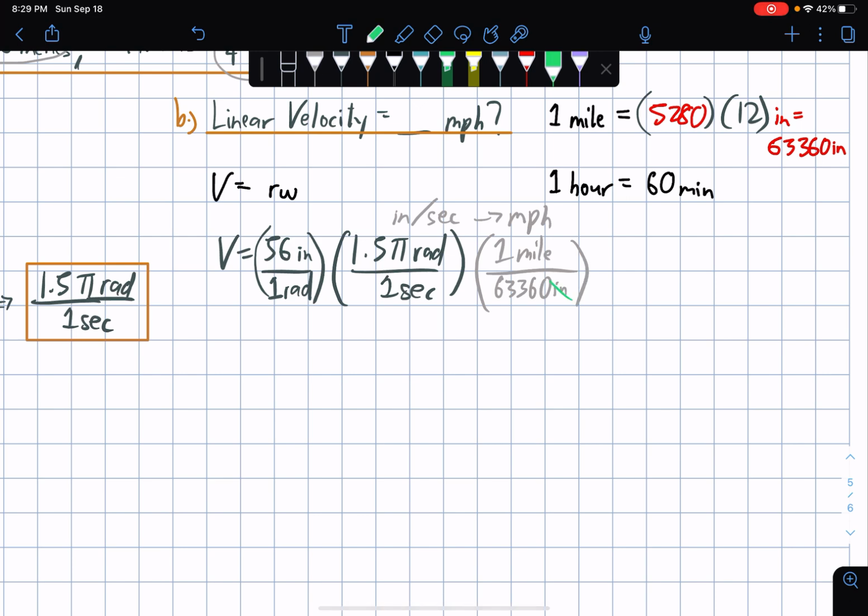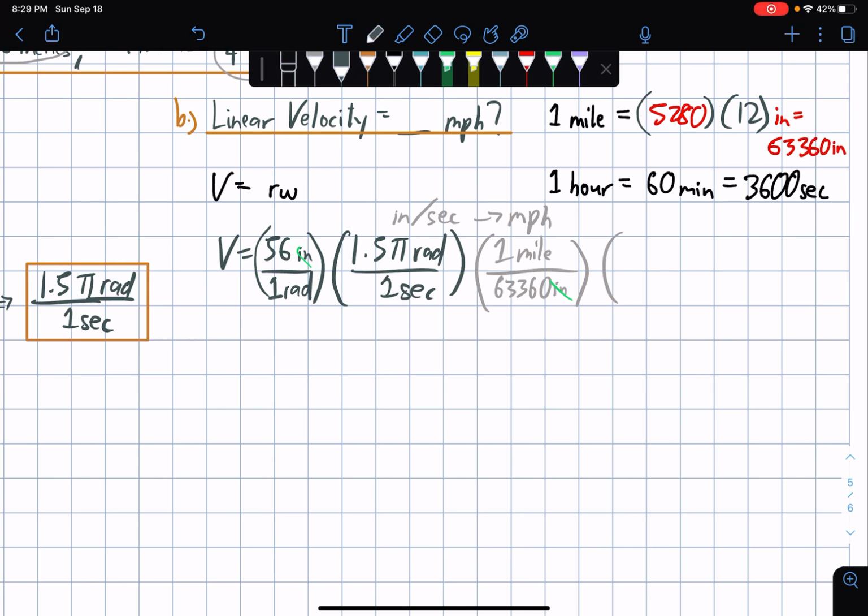So we eliminate the inches unit and we bring in the mile. As for the time, seconds, 1 hour is equal to 60 minutes, which is also equal to 3,600 seconds.